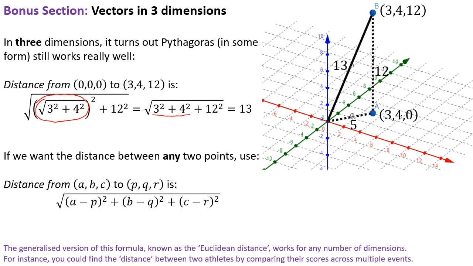But it might well be that you can see how close, in some sense, the 2 athletes are in terms of their skill sets by finding the Euclidean distance between them. That means that if they're particularly close with one specific skill or competency, then that's going to show up as a small difference between the numbers. And if you add together the squares of all the distances between the various numbers and square root it, you get a pretty good measure of how close they are.